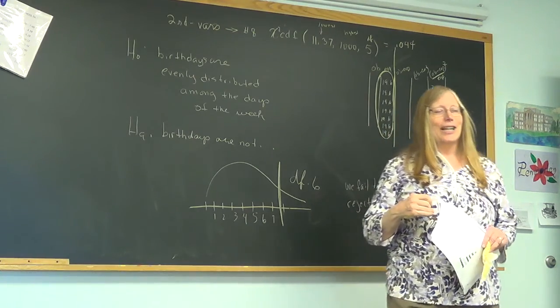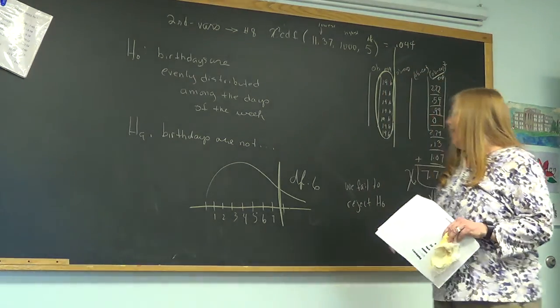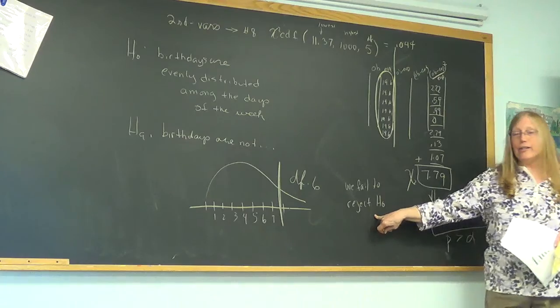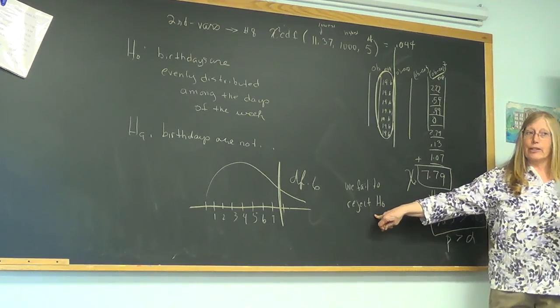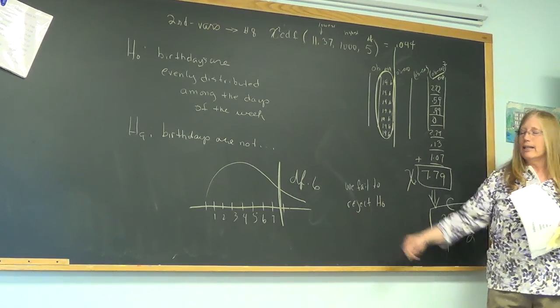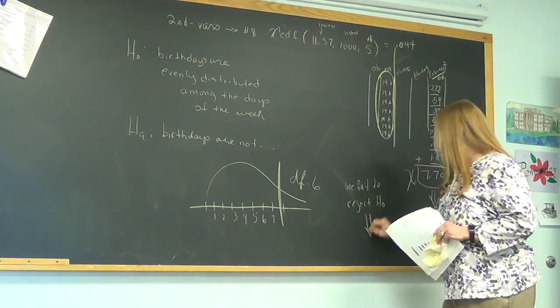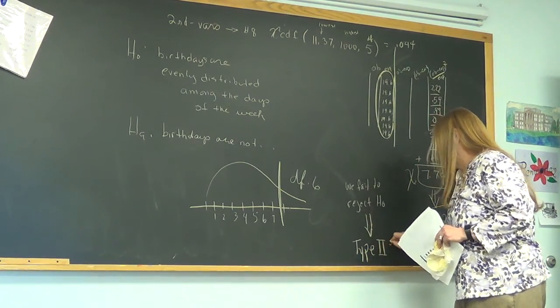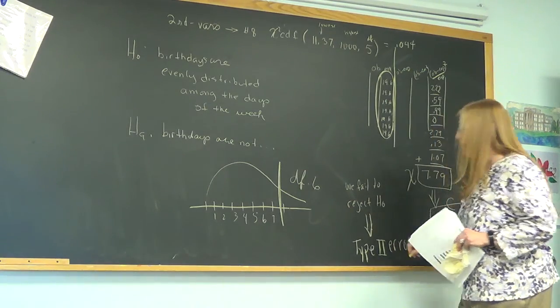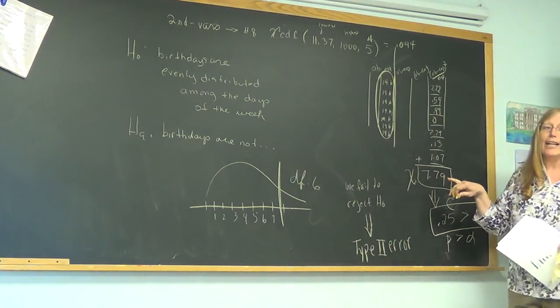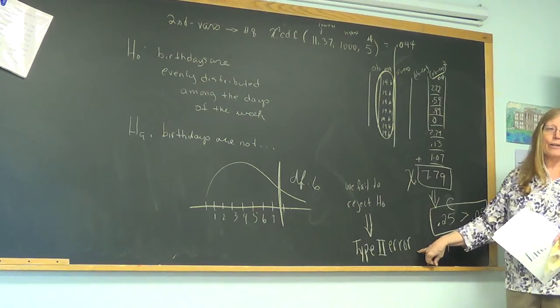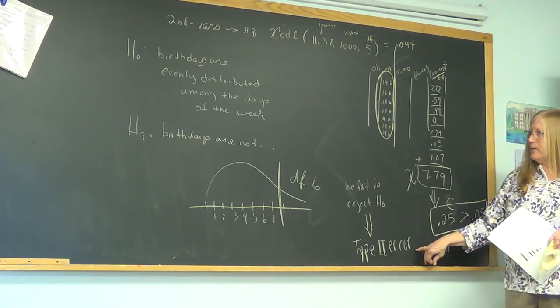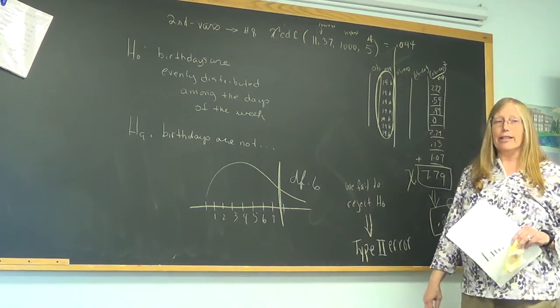However, guess what? If we fail to reject, we have possibly made a type 2 error. There's a chance of us doing all the math right and still getting an error, and this is the case because actually births are not evenly distributed.